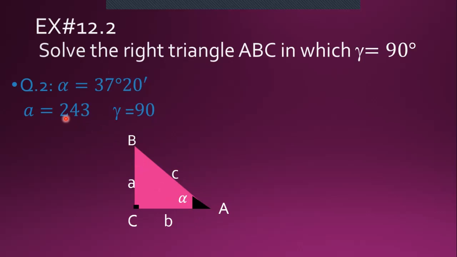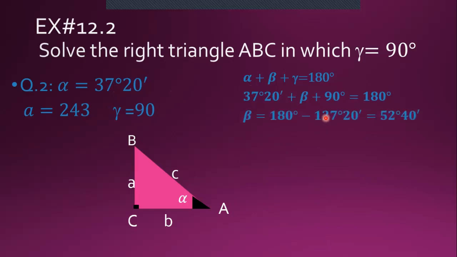And the next thing that is given is a equal to 243, and now we need to solve the question. Alpha plus beta plus gamma is equal to 180 degrees, because we know that the sum of the angles of a triangle is 180 degrees. As we have gamma and alpha, we put the values of both, and beta would be found by shifting the other angles to the other side.